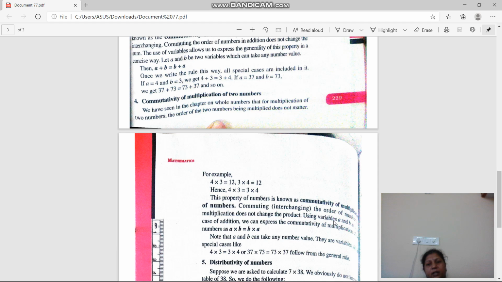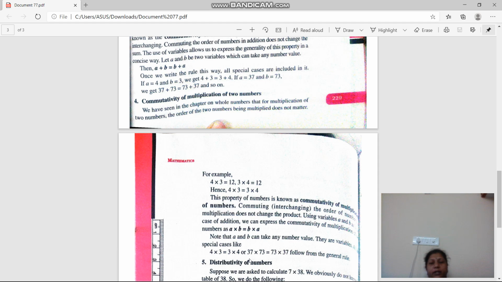Using variables a and b, we can express the commutative property of multiplication of numbers as a multiplied by b is equal to b multiplied by a. Note that a and b can take any number value. They are variables. See here, 4 into 3 is equal to 3 into 4.